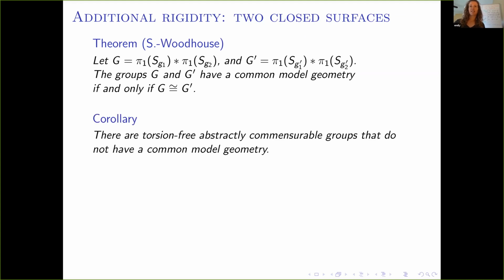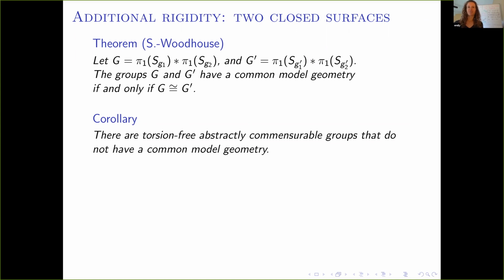And as a consequence, we have the first examples of the following. There are torsion-free, abstractly commensurable groups that do not have a common model geometry. So in other words, the relation of having a common model geometry is not transitive, even among torsion-free groups.